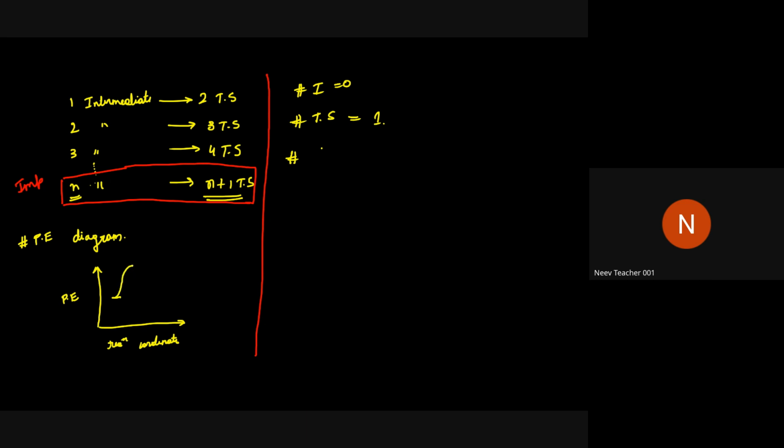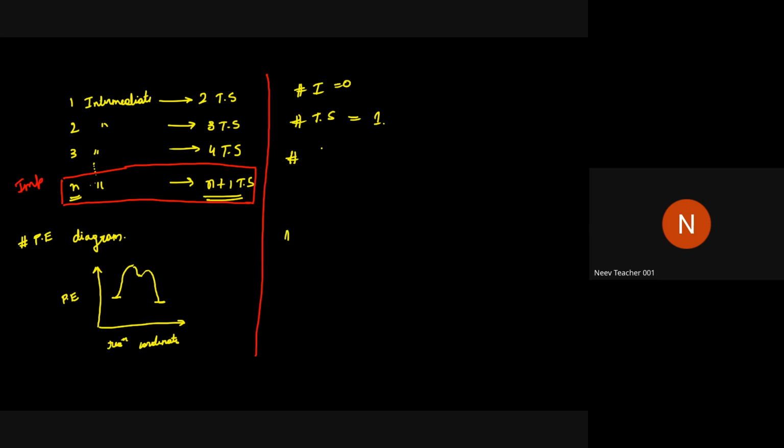Once the intermediate forms, intermediates are more stable than a transition state, so the energy of the system decreases. Then the intermediate again passes through a transition state, so the system increases its energy by a small amount. Then when the product forms, energy decreases. So this is the potential energy diagram of a most basic SN1 reaction.